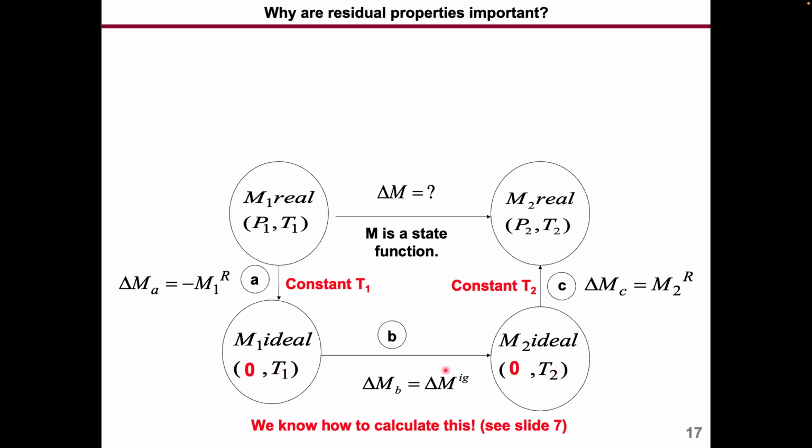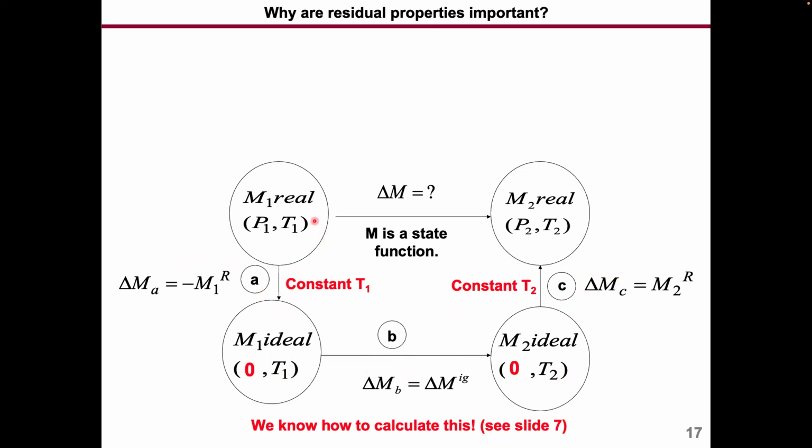So if you look at slide 7, you should be able to figure out how to calculate this delta M ideal gas, which you already know how to calculate. But now we just need to calculate the residual property here and here.